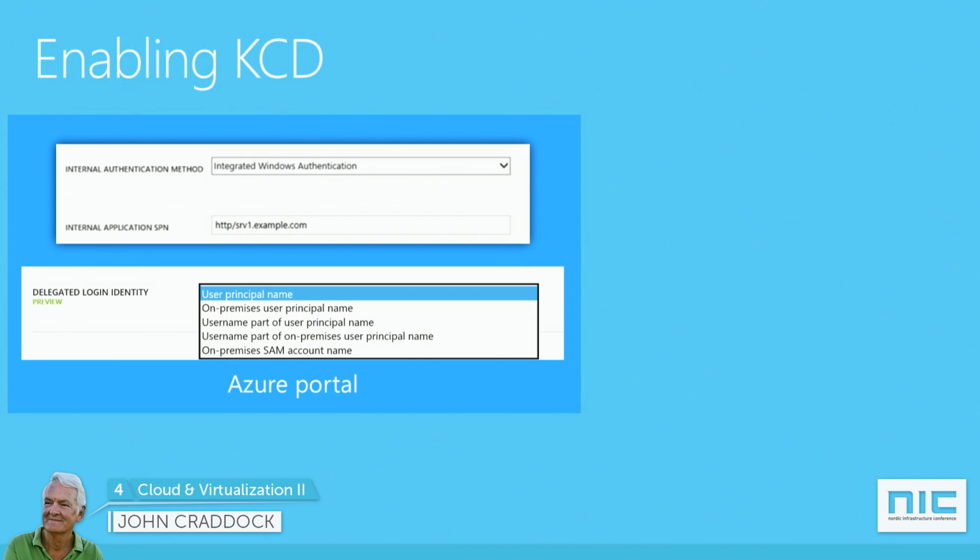So we might be logging in as john@xtseminars.com, but when it asks for the on-prem token from the KDC, it's saying, please, can I have a token for john@xtseminars.local? And what actually happens is when the synchronization process happens, you synchronize your mail address into your UPN, but you also take your on-premise UPN and just store it up in the Azure AD, so that when you need to do this remapping, it can be done. So we need to do that if we've got a mapping change.